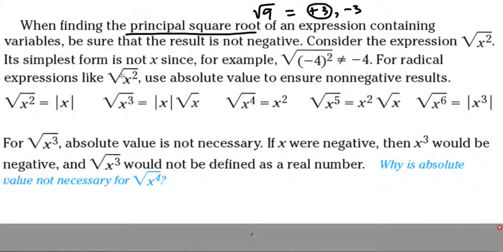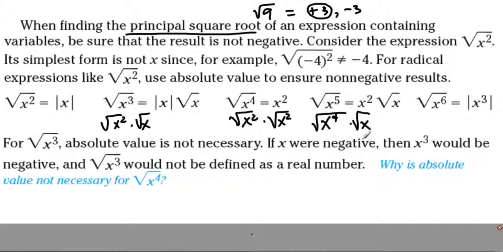Let's go back to the last slide, because if you look at this one, x cubed is nothing more than radical x squared times radical x. X to the fourth is radical x squared times radical x squared, and x to the fifth is radical x to the fourth times radical x.